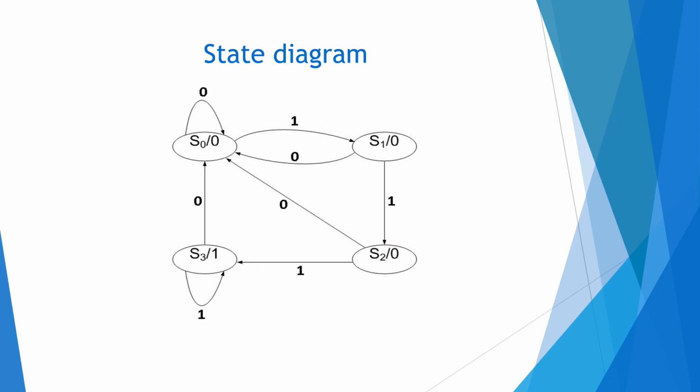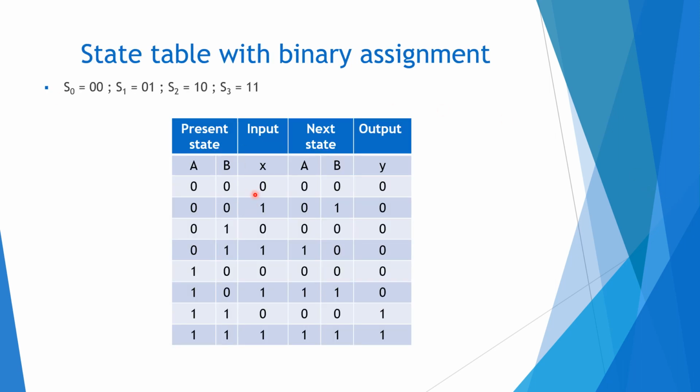So let us now assign binary values to states, that is S0 equal to 00, S1 equal to 01, S2 equal to 10, and S3 equal to 11. This is the binary assignment, and this is the state table according to the state diagram logic. There are present state AB, next state AB, input X, and output Y. We can easily find the output here, because the output is a function of present state only, as in a Moore FSM.